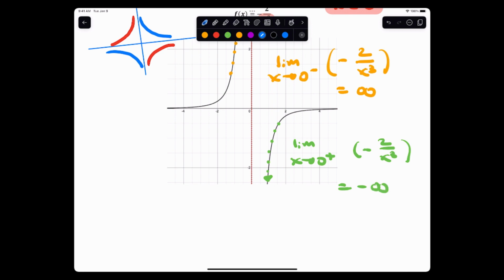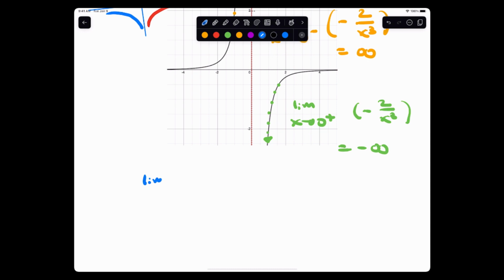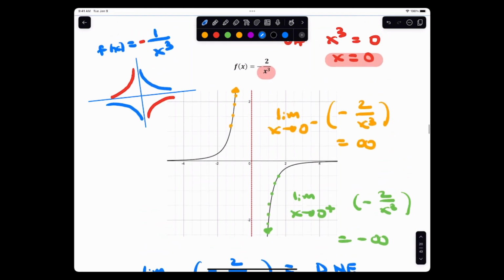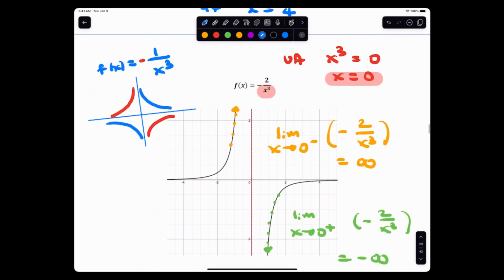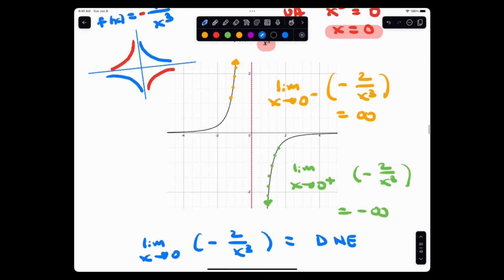So what do you think that means here? Limit as x goes to 0 in general. What do we say if it's going to different places? Does not exist. And could you do this in your calculator? Yes, numerically.